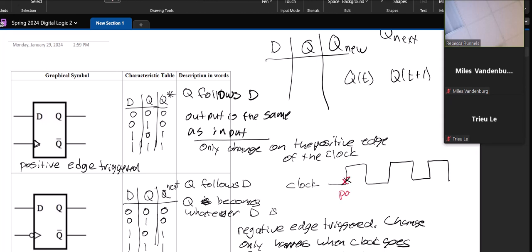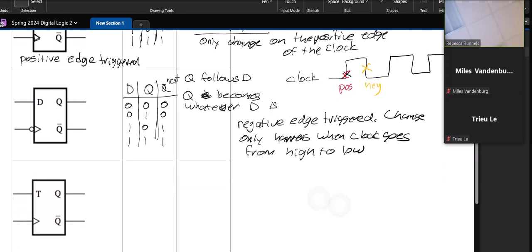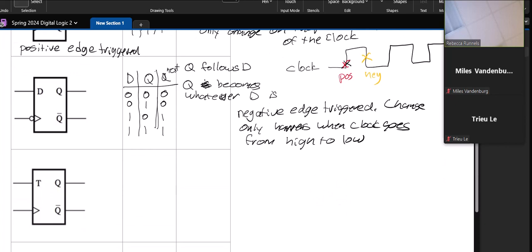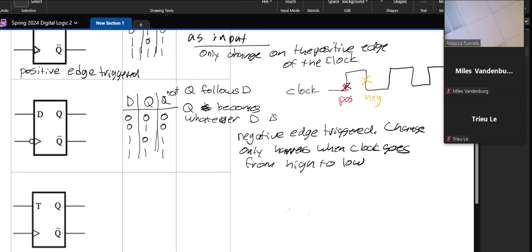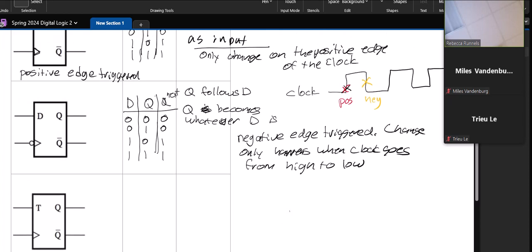So that'd be a positive edge, and the negative edge trigger would happen here. What does it say right next to only? Oh, for the negative edge trigger. You know what I'm talking about? Only change. Only change. Yep.